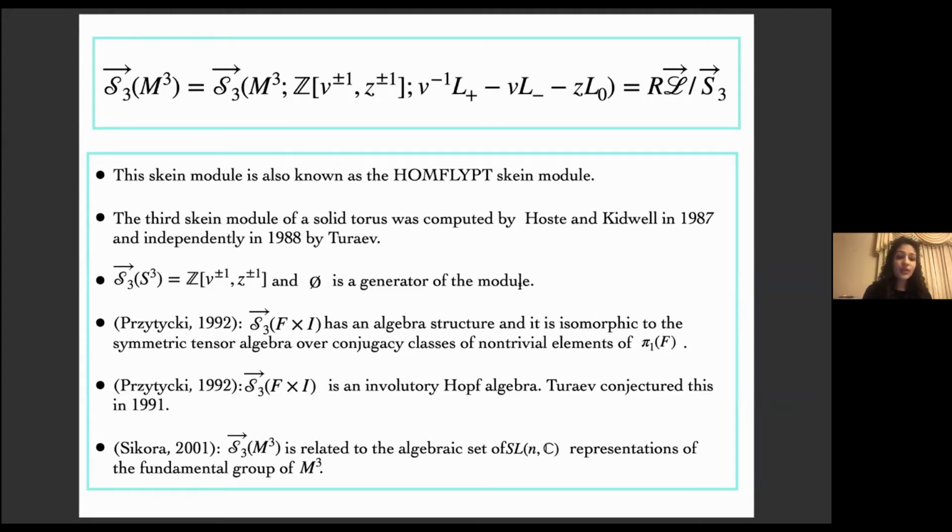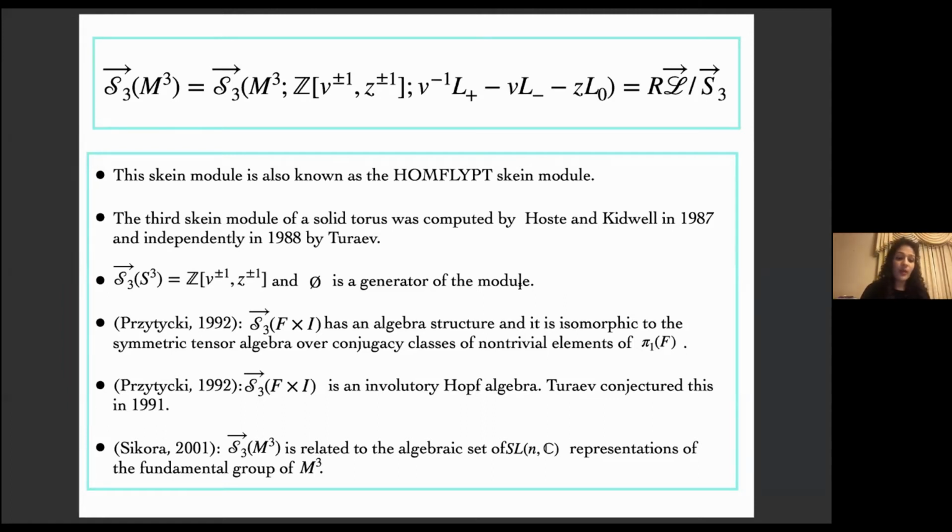In '92, Józef Przytycki showed that the HOMFLY-PT Skein module of surface I bundles has an algebra structure, which is isomorphic to the symmetric tensor algebra over conjugacy classes of non-trivial elements of the fundamental group of the surface. And moreover, he showed that this algebra is an involutory Hopf algebra. This was first conjectured by Turaev in 1991.